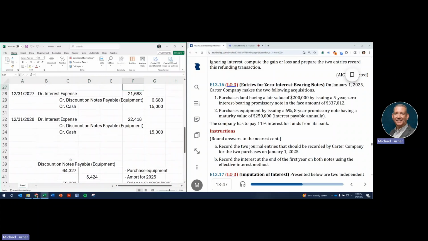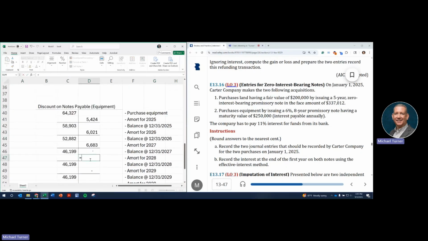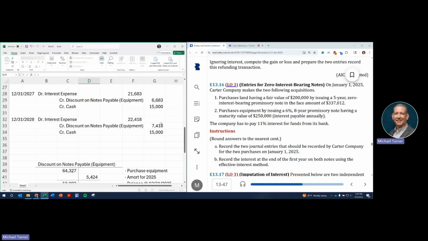And that's 11%. So we get $22,418, net that against the cash paid, and we get $7,418 as amortization for December 31st, 2028.